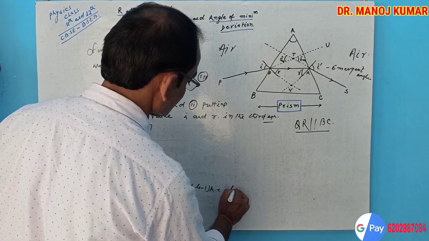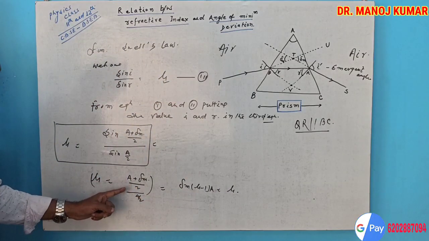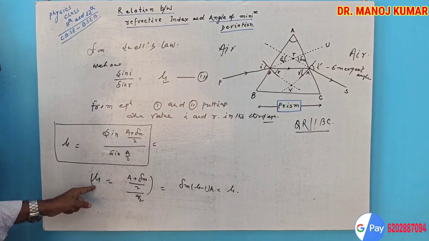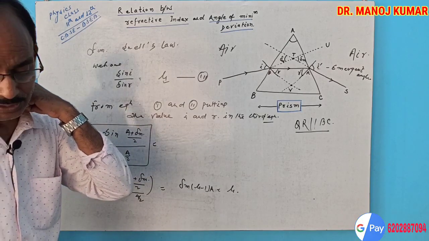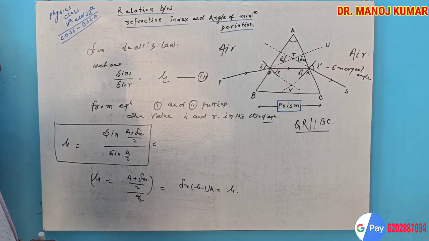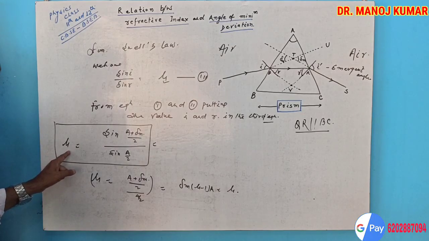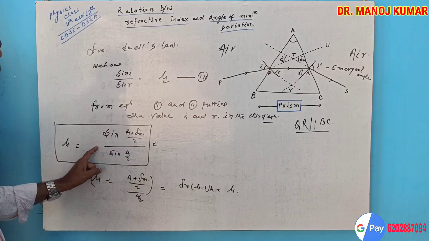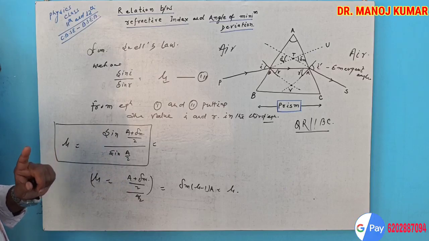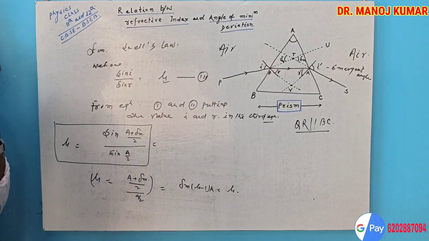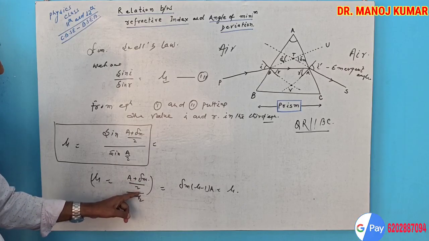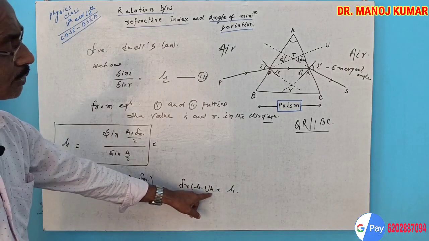A equal to mu. इस वैल्यू को अगर हम ऑपरेशन करें तो हमको ये प्राप्त होता है जो म्यू के बराबर होता है. दिस इज द एक्सप्रेशन टू ऑब्टेन म्यू इक्वल टू रिफ्रैक्टिव इंडेक्स इक्वल टू साइन a plus del m upon 2 whole sin a by 2, or also written mu equal to a plus del m by 2 upon a by 2, or this form.